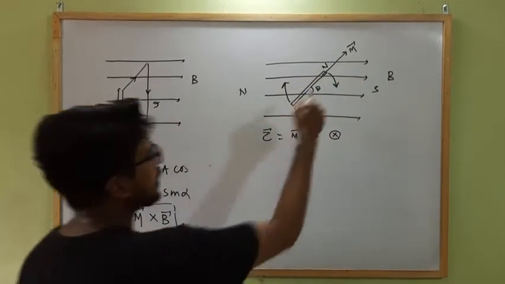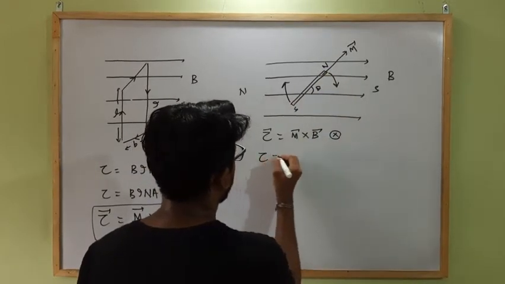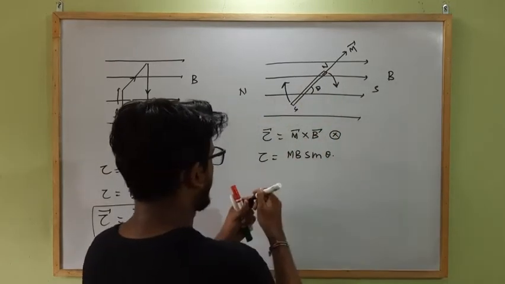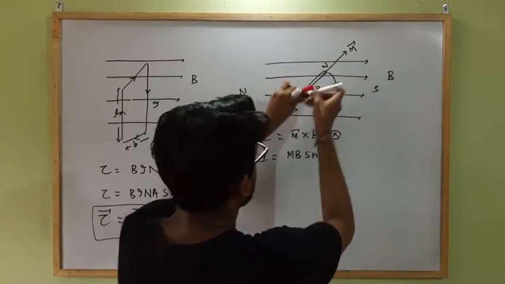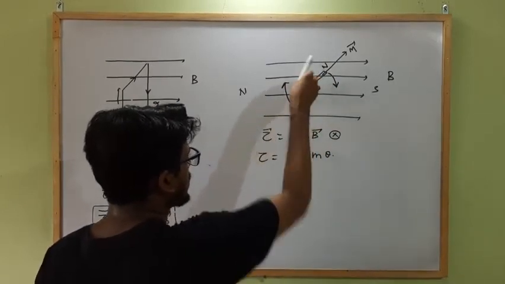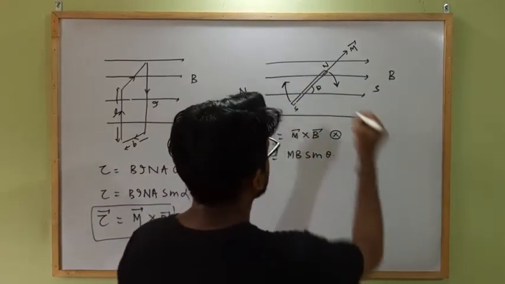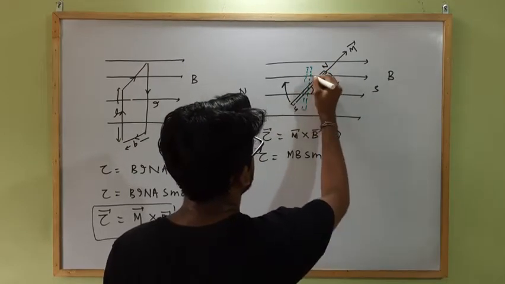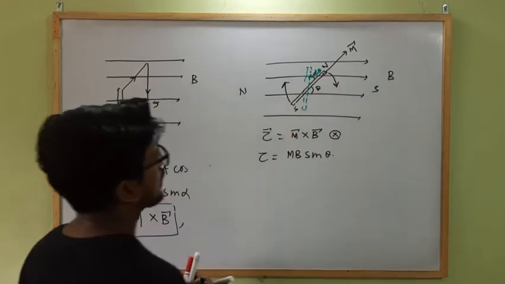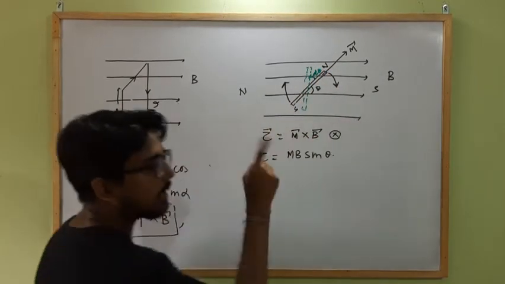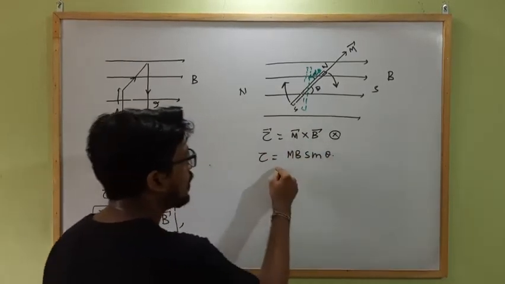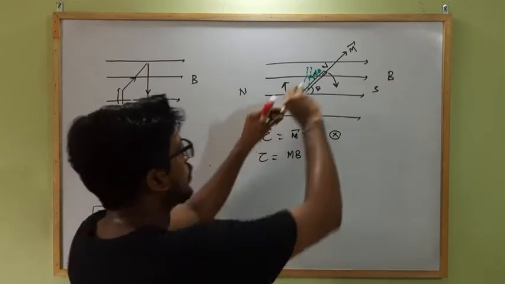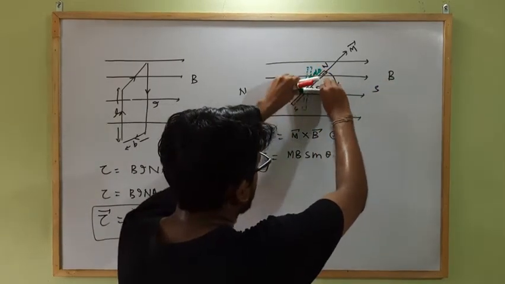Clear? So at this position, the torque acting on it will be tau equal to mB sin theta, which wants to rotate the dipole along this direction. If I want to rotate this further along this direction by a very small angle delta theta, I have to apply an external torque opposite to this direction, because this is the torque applied on this dipole by the external magnetic field, which wants to turn this dipole in the clockwise direction.